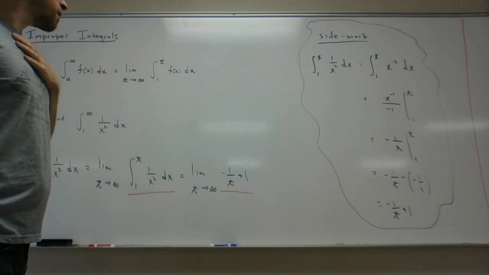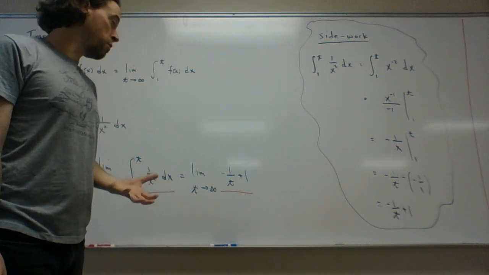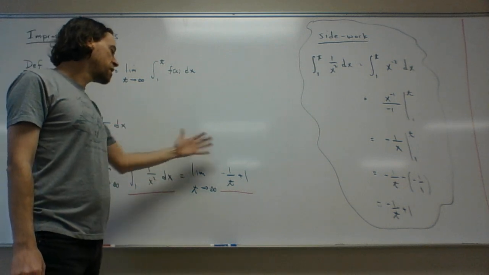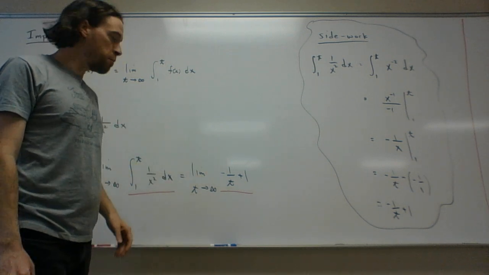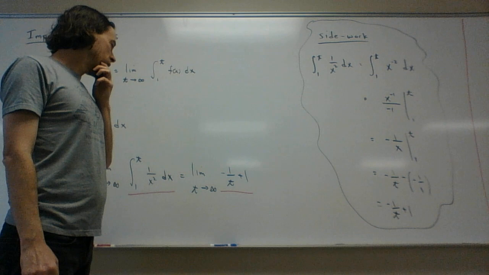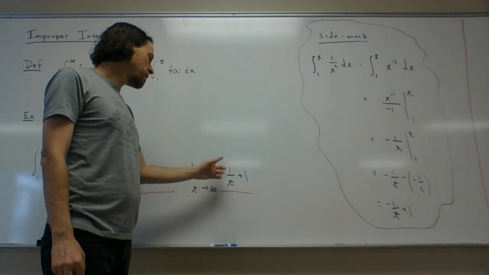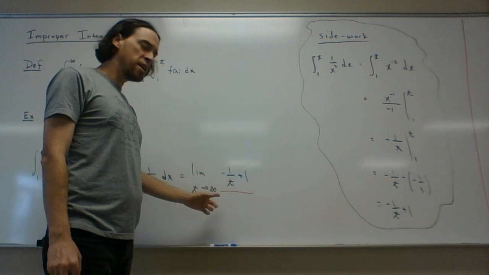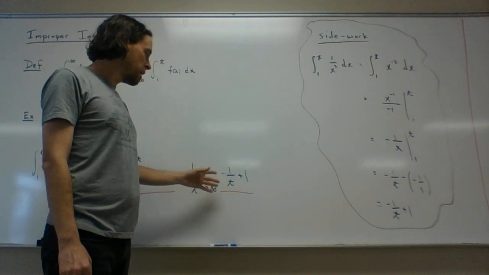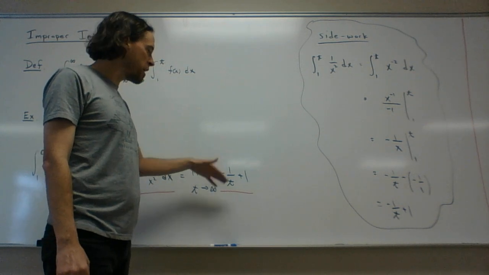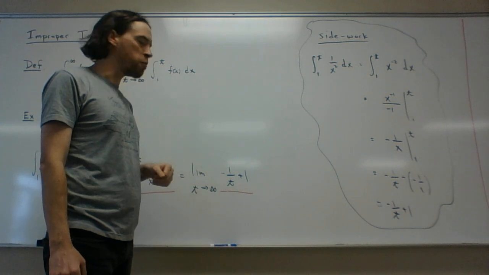And so this limit is actually a very easy one to take. The limit as t goes to infinity of negative 1 over t plus 1. Well, what happens as t goes to infinity? This negative 1 over t, as t gets really big, that's like negative 1 over 100, negative 1 over 1,000, negative 1 over 1,000,000.